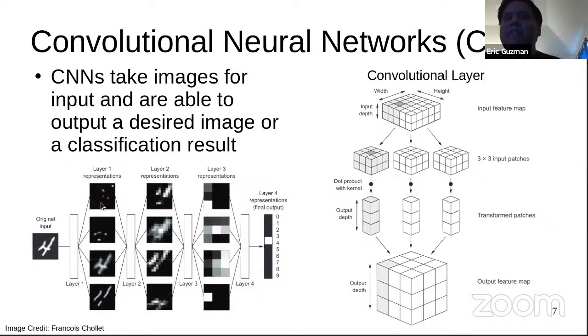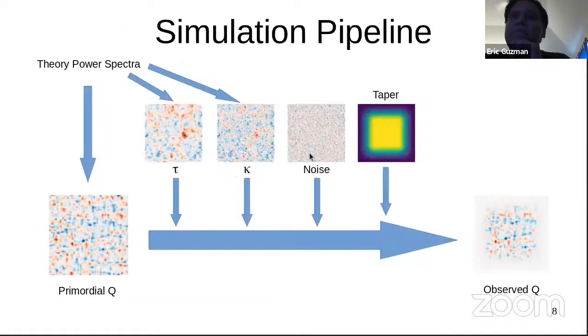These blocks learn different representations, so it will learn to find edges or different colors. As you go through the layers, it'll have higher order, more abstract representations. And depending on which representations are triggered, you'll get an output or an estimate. So this is what the ResUnet CMB is.